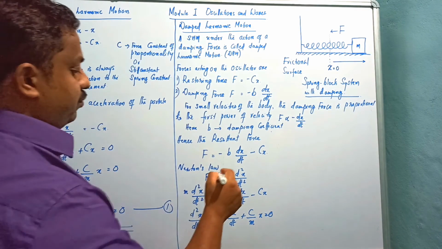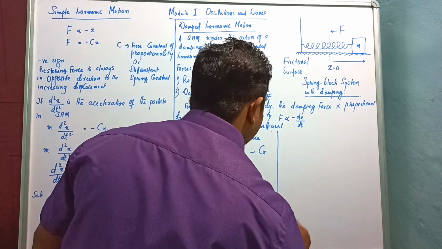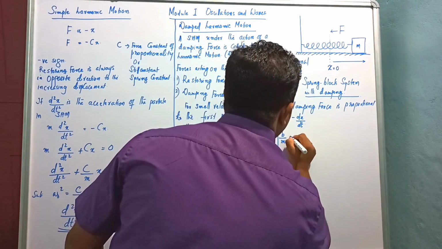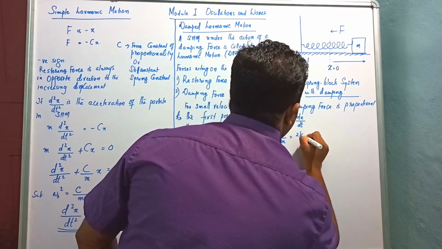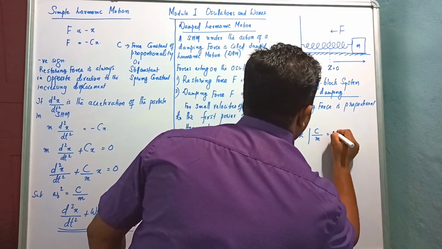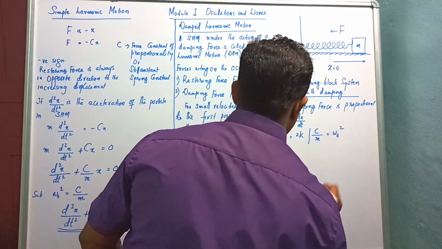Substitute b by m equal to 2k and c by m equal to omega 0 square.